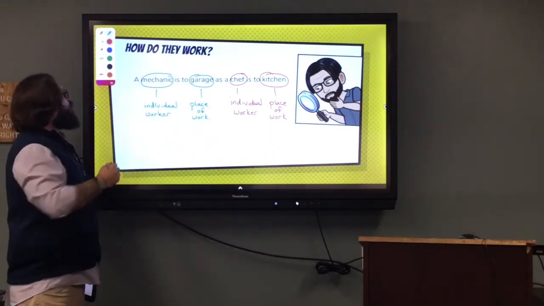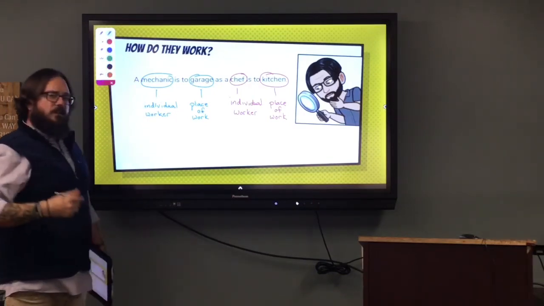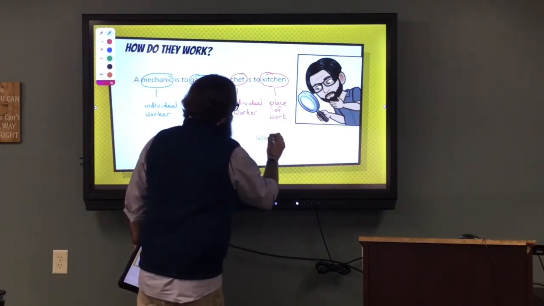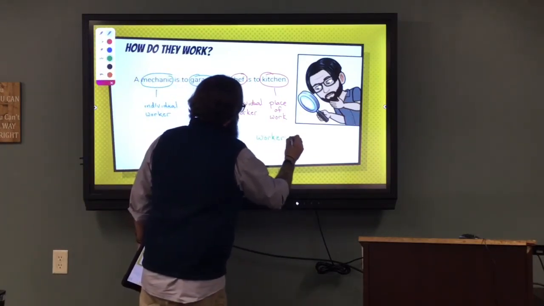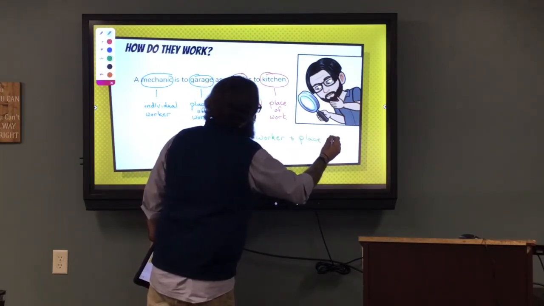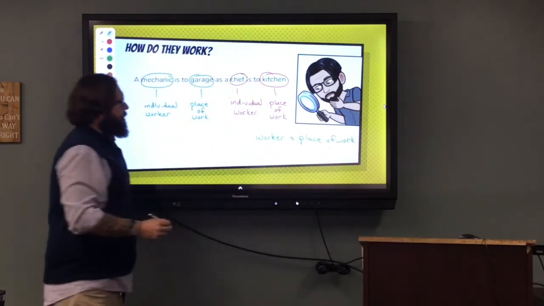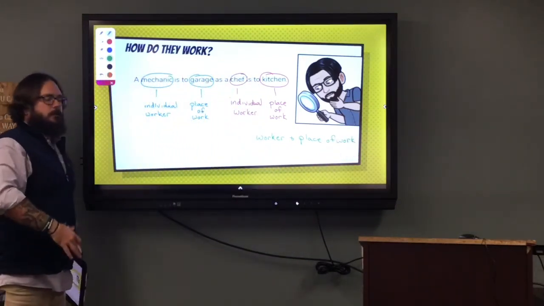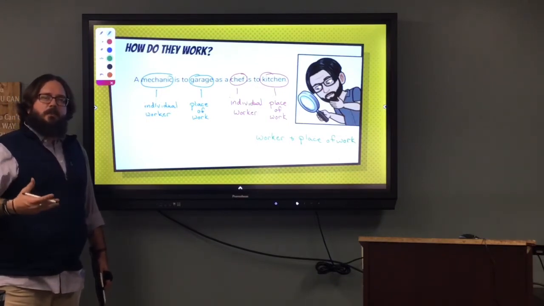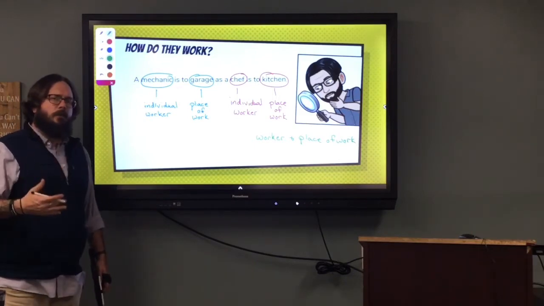So our overall relationship between the two is going to be worker and place of work. Simple analogy, simple relationship that's easy to identify when we think of how the pairs of words are related.